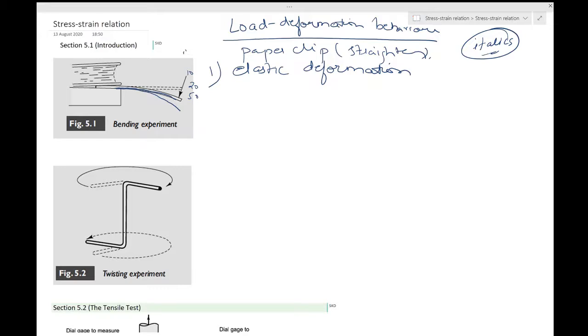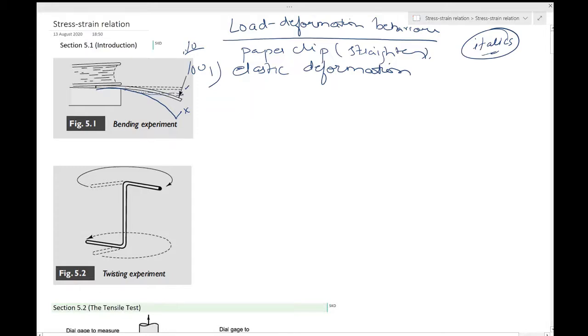There will be a point when you keep on increasing that the wire will not come back to its original shape. Say you apply a force of 100, just as an example, which is much higher than the 10 you had applied. Maybe it has deformed like this. Now once you remove it, it will not actually come back to this place. It will come to something like this.